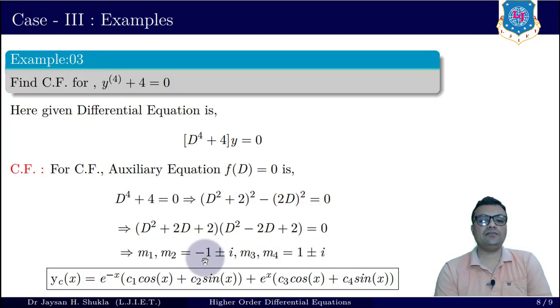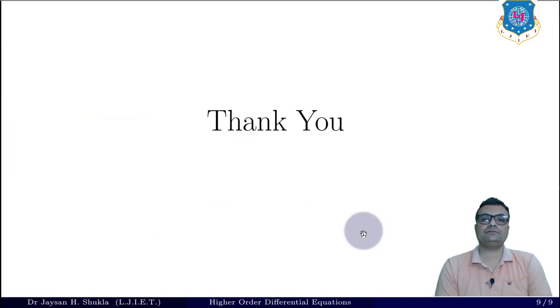Here alpha is -1, so accordingly it is e^(-x) times (c1 cos 1x + c2 sin 1x), where 1 is beta. Plus, alpha is 1 over here, so it is e^(1x) into (c3 cos x + c4 sin x), since beta is 1. This is how you can deal with complex roots.